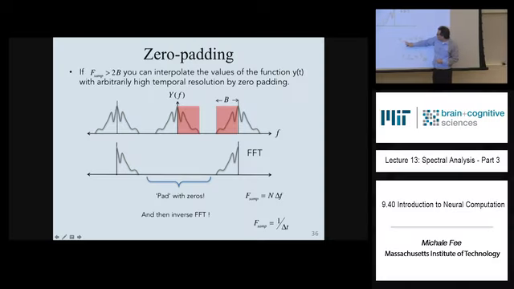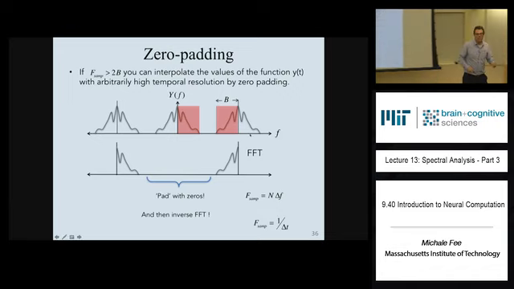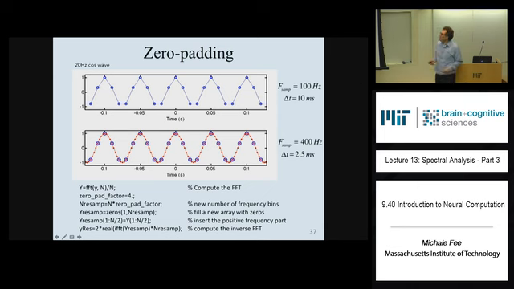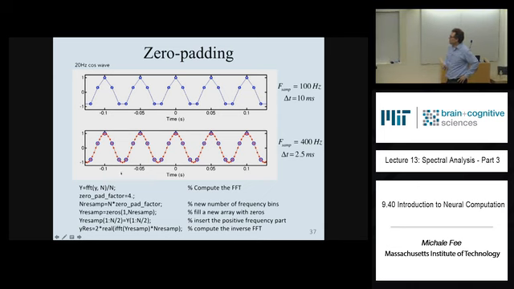So the sampling rate is just the number of frequency samples I have times delta f, and here I'm just adding a bunch of frequency samples that are 0, and my new delta t is just going to be 1 over that new sampling rate. Here's an example. This is a little bit of code that does it.